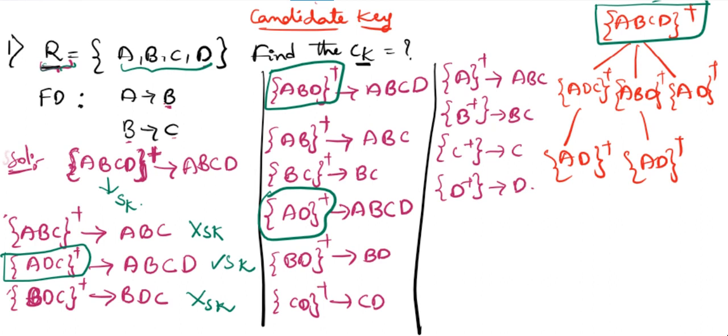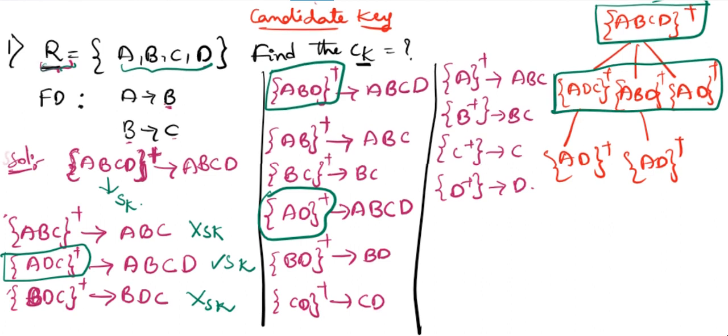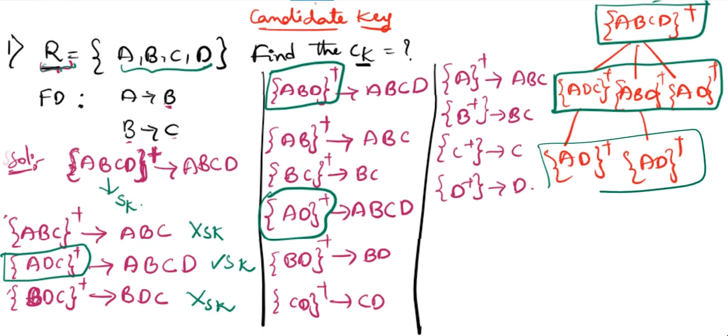All these are subsets, and subsets are also super keys. And now these two subsets are again subsets, and those subsets are also super keys.